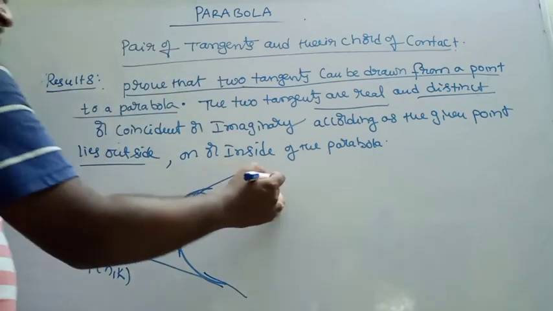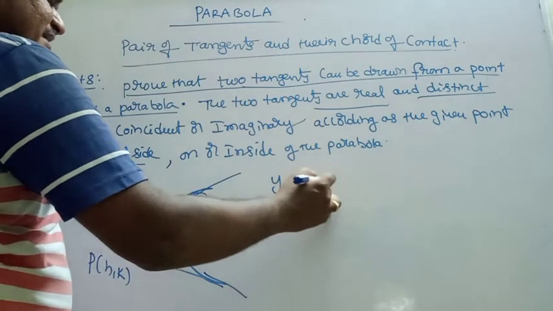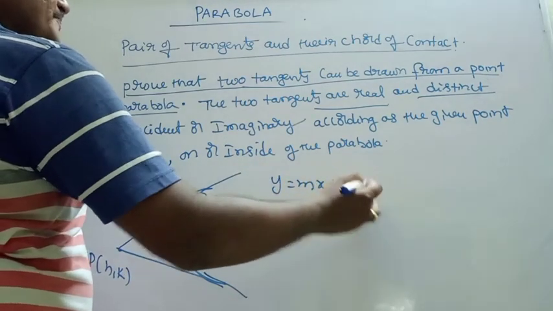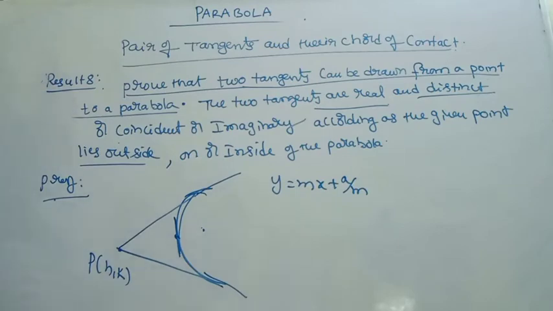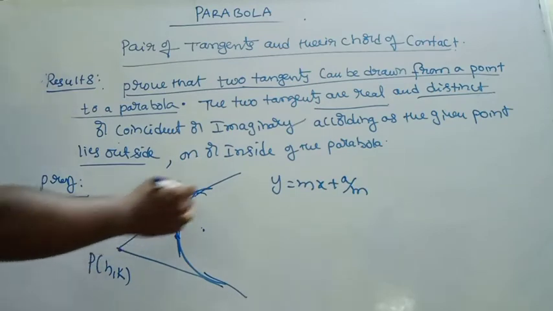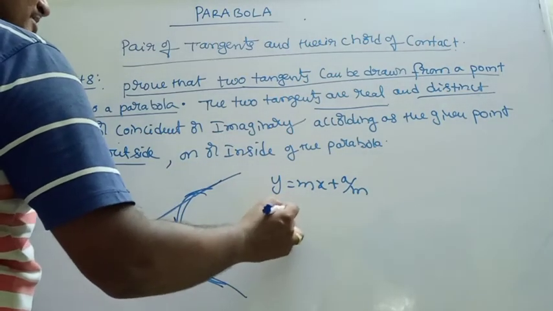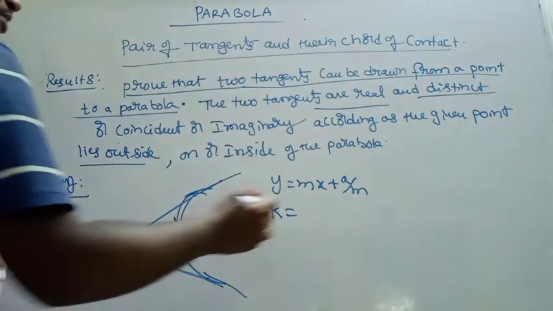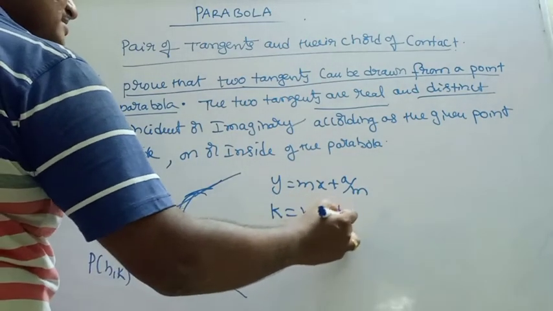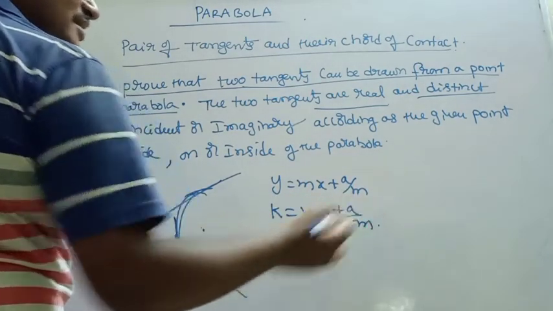And my dear students, y is equal to mx plus a by m is the equation of the tangent to the parabola in slope form. Now these tangents are passing through the point h comma k. Then we have k is equal to m into (h plus a by m), right, my dear students?